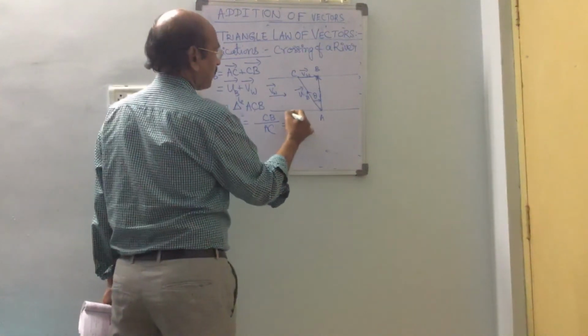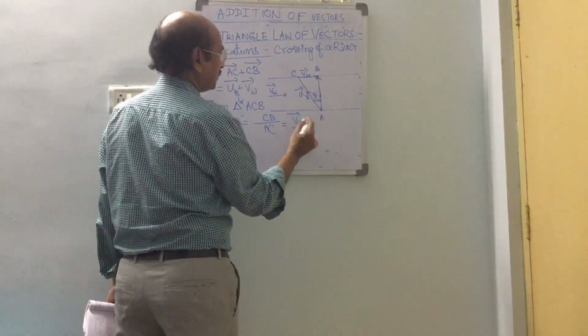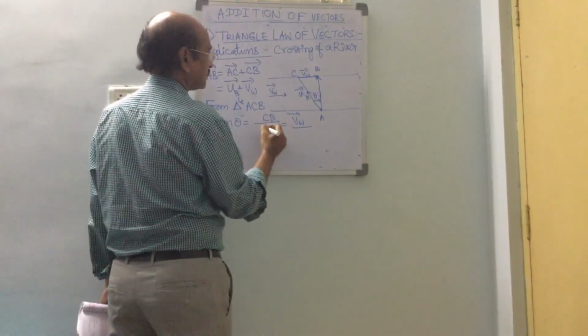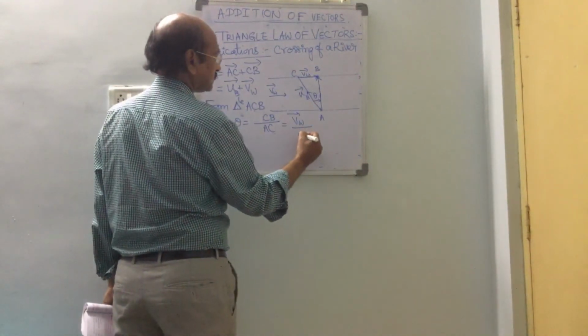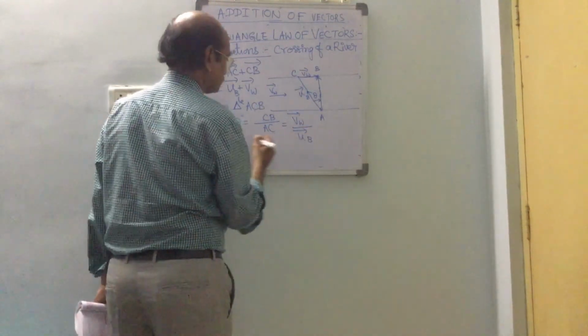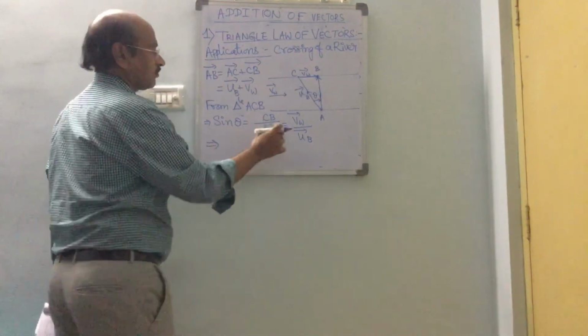CB means river water velocity W, and AC means boat velocity.